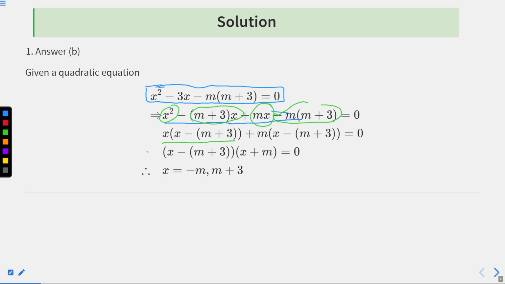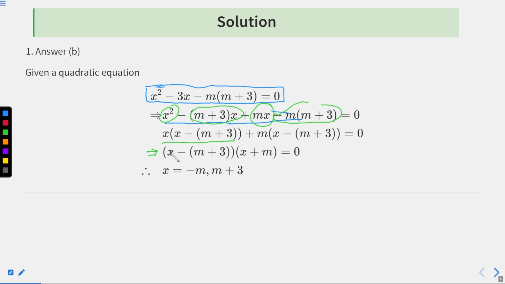So it implies (x minus (m plus 3)) times (x plus m) is equal to 0. Here we get the product of two linear factors, x minus (m plus 3) and x plus m.